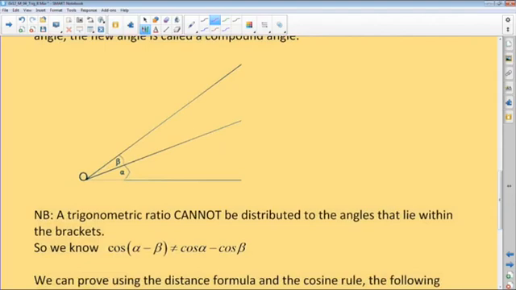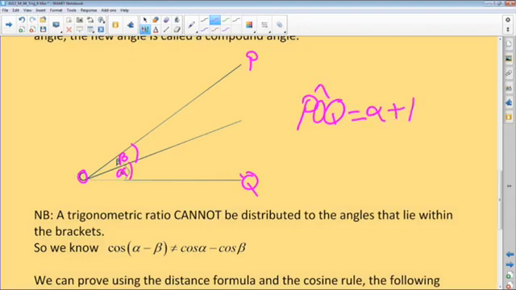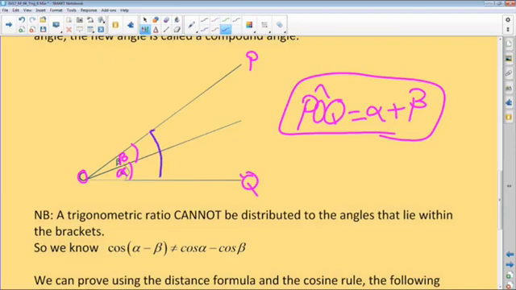For example, if I call this P and Q, and this is labeled O, and you've got angle alpha there and beta there, then the sum of the two, angle POQ, will be equal to alpha plus beta, and that would be your compound angle. So angle POQ would be an example of a compound angle because it is the sum of two other angles.